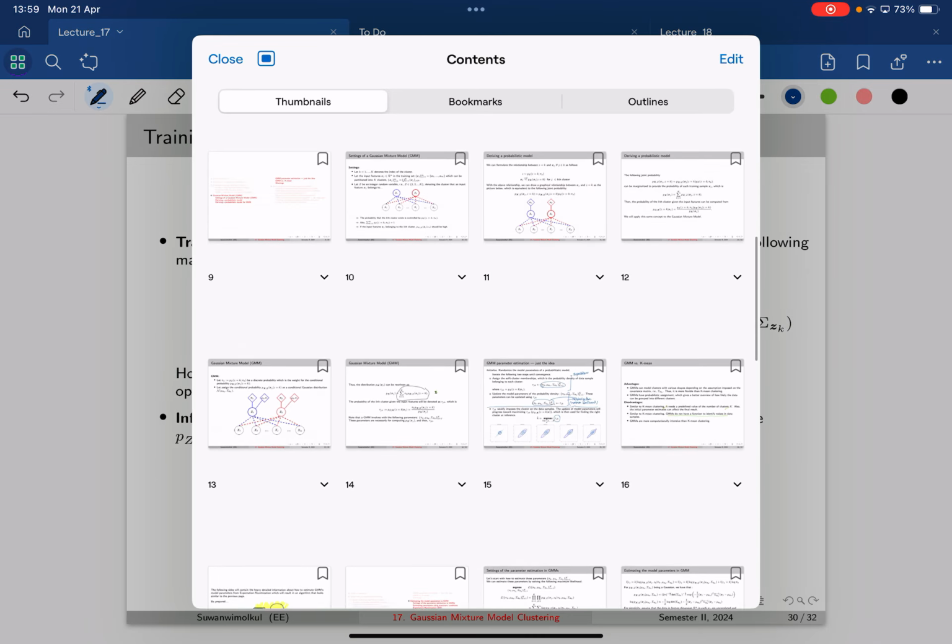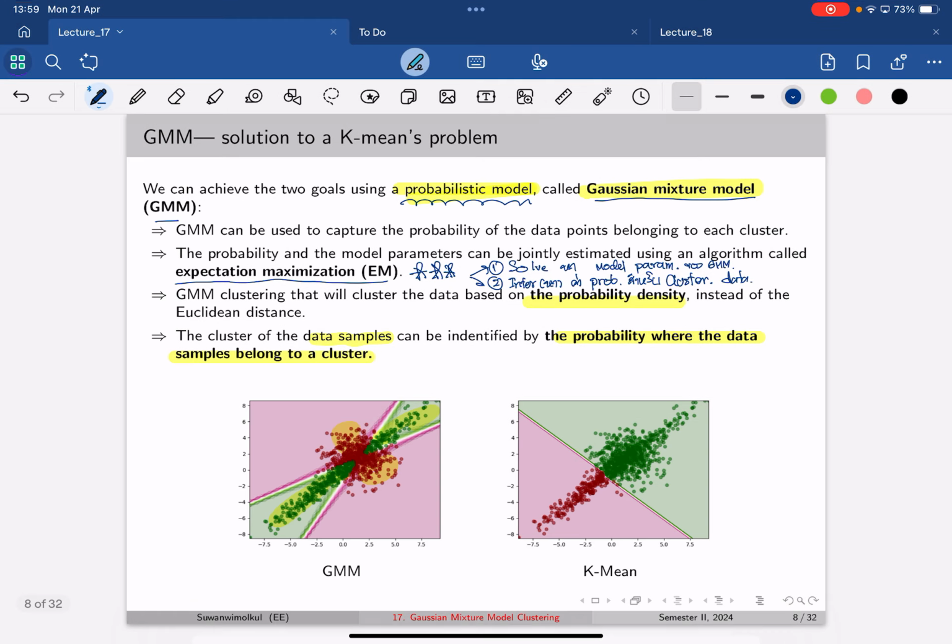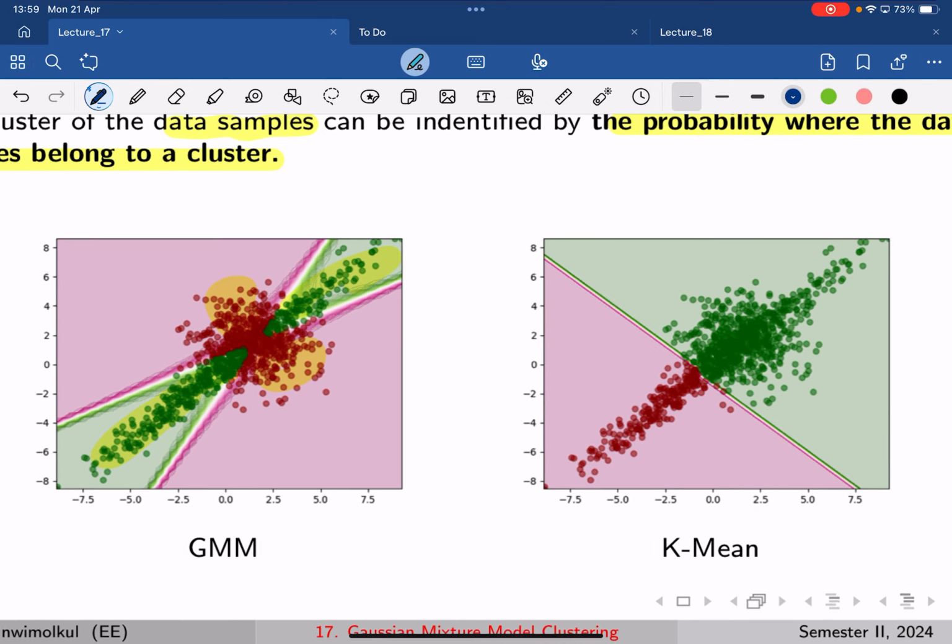Compare that to the algorithm we will learn today, the GMM. If you have data points that look like this, K-means will choose whatever is close to the centroid, and you can probably guess that the centroid of K-means would be around here, and another one here. Whatever is closest will be as if you draw a circle there and another circle there.